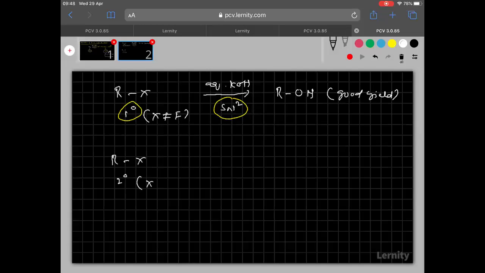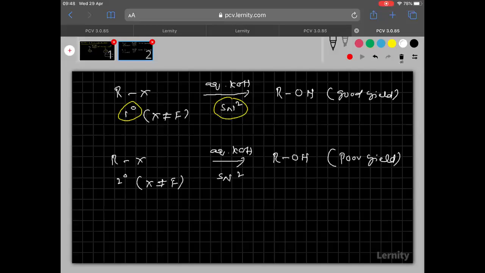Now, similarly, if I take the secondary alkyl halide, where again X is not equal to fluorine, when treated with the same aqueous KOH, and remember this also follows the same SN2 mechanism. So here also we get ROH only, alcohol. And remember the alcohol which we got is in poor yield. Why? Because secondary is not that reactive in SN2.